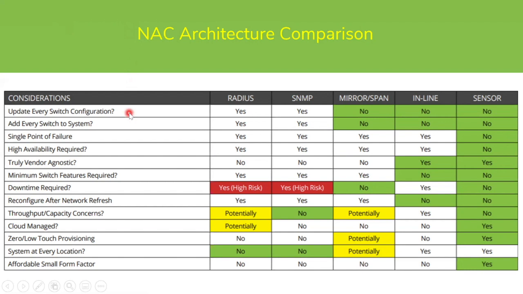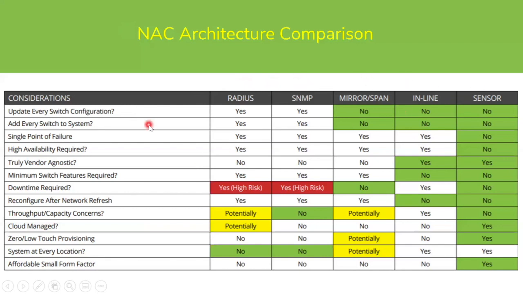So if you take a few of these, for example, does the NAC architecture you're implementing require you to update every switch configuration? You can see for some of these, that's actually true, and for others, it's not.